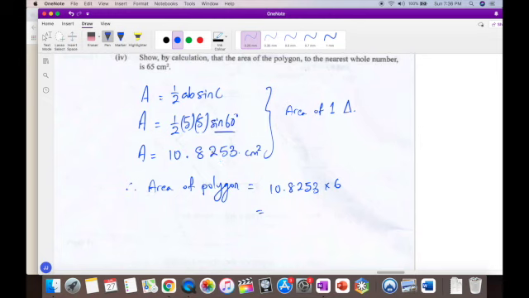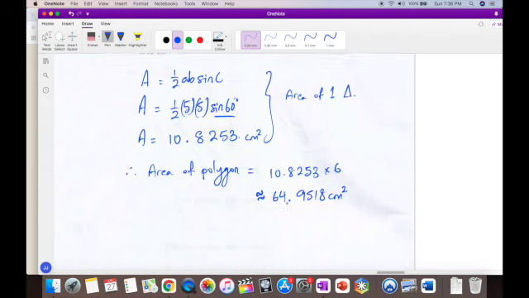You probably wouldn't be able to get a fraction there, because the sine of 60 is 0.866, an irrational number essentially, going on and on. So we have here 10.8253 times 6, and that is 64.9518 centimeters squared, and we could say approximately. Nice.